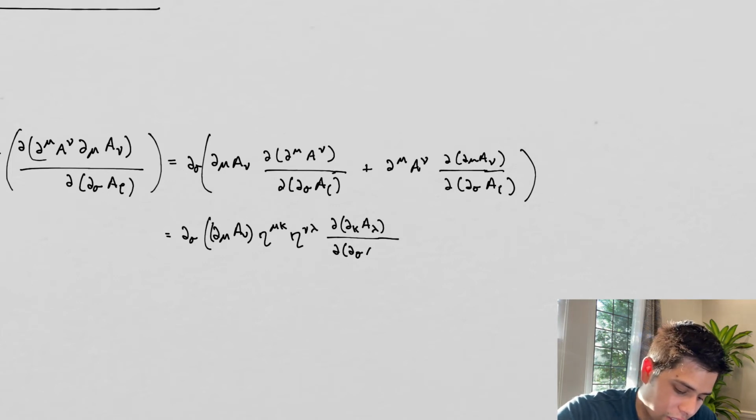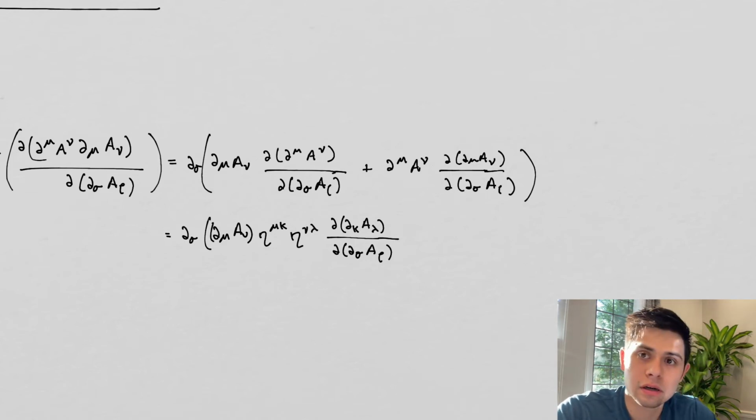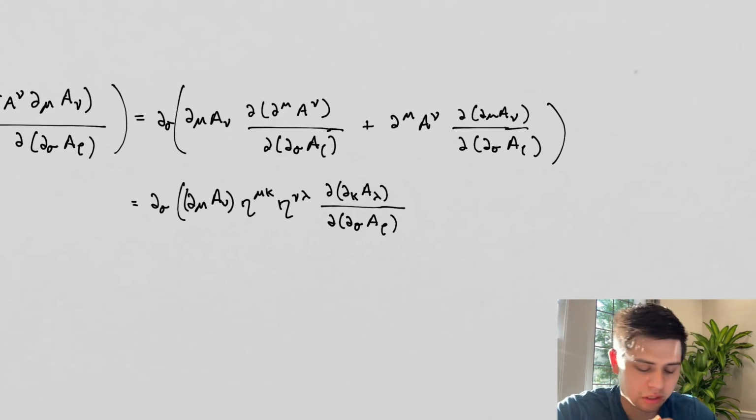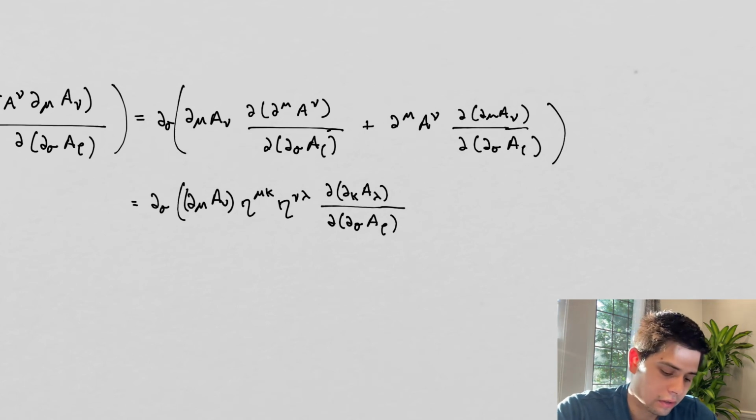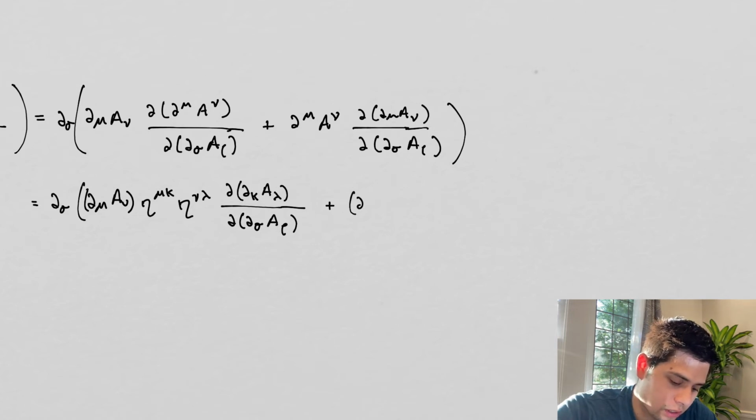We can bring our indices down. We've seen how that works in our previous videos, I think, or in chapter 2. And then we're going to have plus gamma mu A nu.